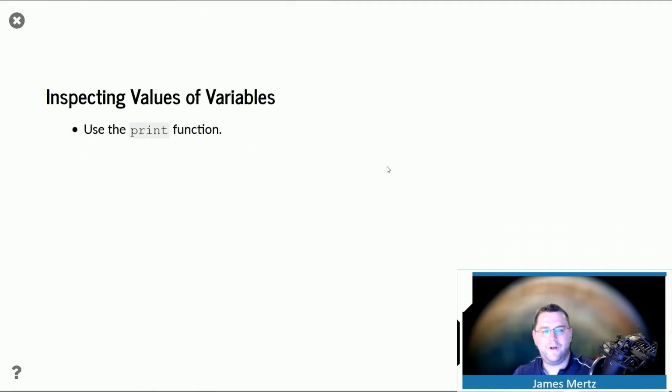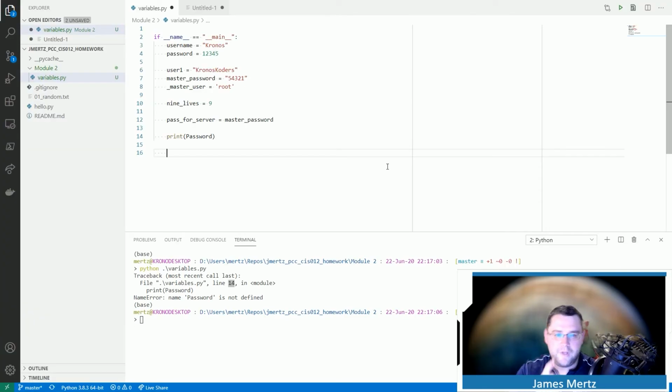Finally, let's talk about how to inspect variables and the values of variables using the print function. So going back to this, you saw me use this print function right here, and I passed in something that wasn't working. Let's finally pass in something that actually is defined. Now, what the print statement does, if you'll remember when we did our print hello world, is it takes its input and outputs it to the terminal.